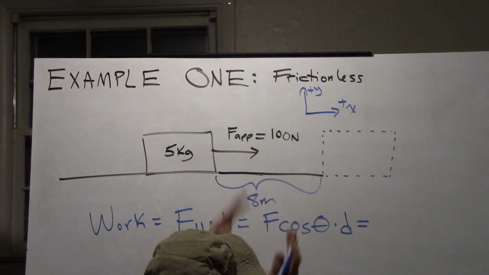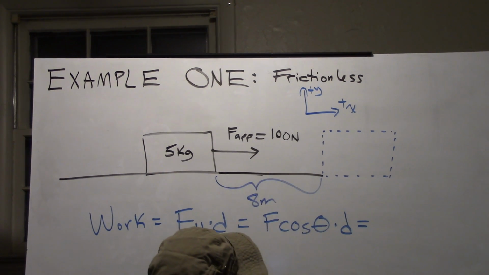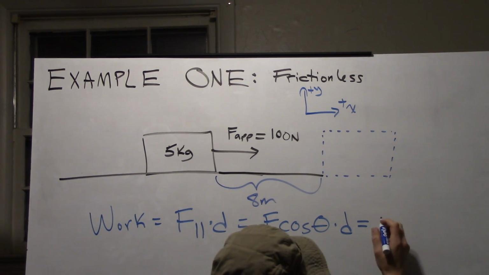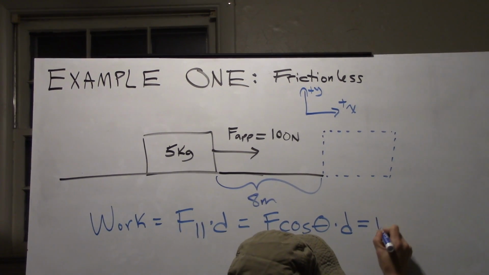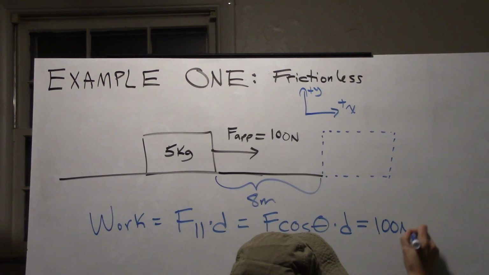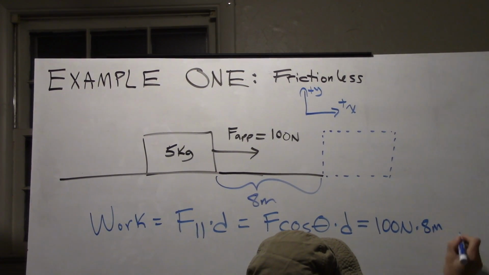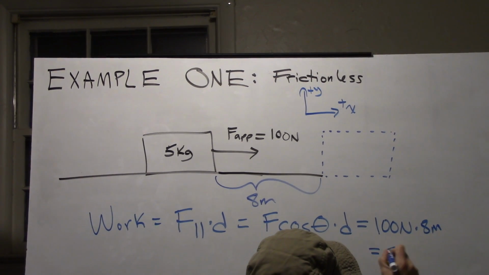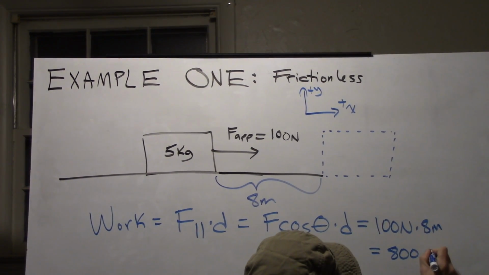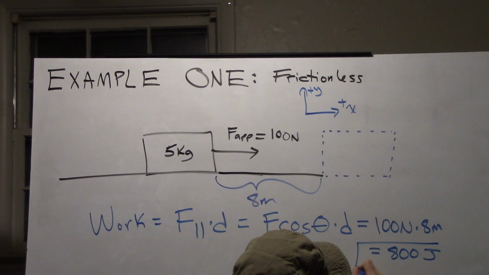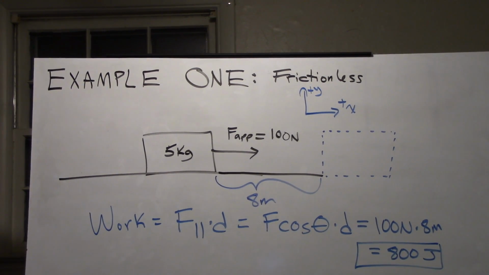There is no tilt to that force at all. So all we have here is a very simple calculation that says we have a force of 100 newtons times a displacement of 8 meters, and altogether we have work performed on this object of 800 joules, like so. Example 1 is done.